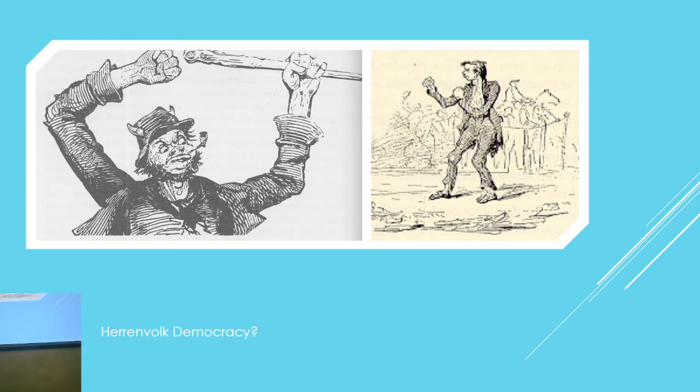Another argument is the Herrenvolk democracy argument. Herrenvolk is a German word, loosely translated as master race. This is the idea that poor white Southerners may not own slaves, but some of them own a little bit of land, and they're masters of their own small worlds.